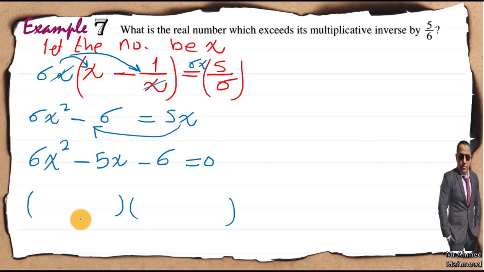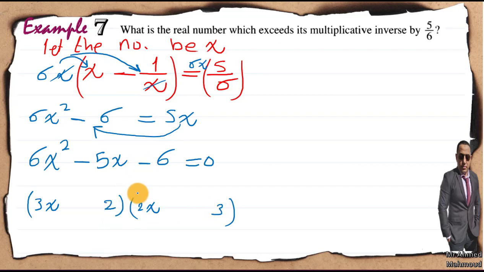Here 6 equals 1 times 6 and 2 times 3. I'm going to choose 3x and 2x. And here 6 equals 1 times 6 and 2 times 3, so I'm going to choose 2 times 3. Here it's not allowed to use 3 here, so I'm going to write 2 here and 3 here.